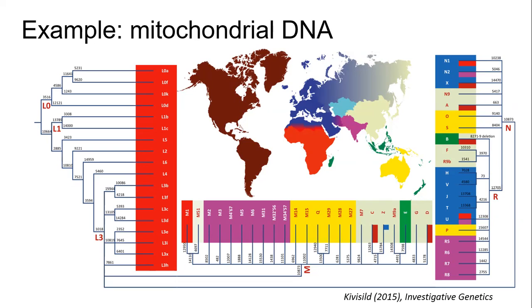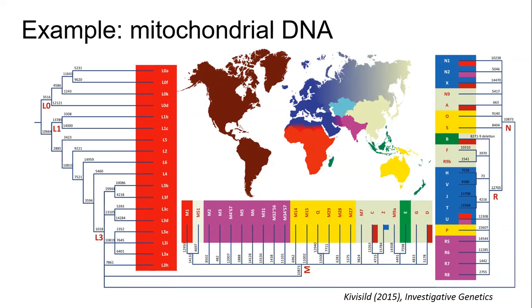So the variations are just a few subtle mutations in different parts of the mitochondria, and quite a lot of them are what we call neutral, which means that they don't actually have any effect on the person. Generally, any mutation that has a seriously bad effect is going to be ironed out of the population.